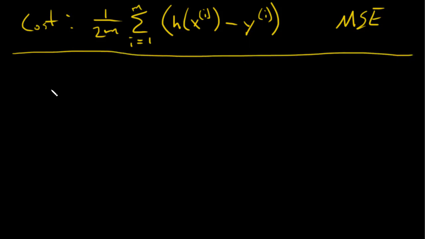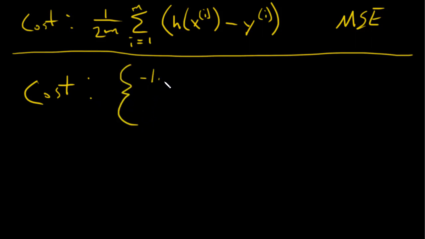Instead, we're going to define a completely new cost function that works better with classifying whether or not an input belongs to the first group or the second group. So the cost now is going to be, here we go, piecewise function, everyone's favorite.